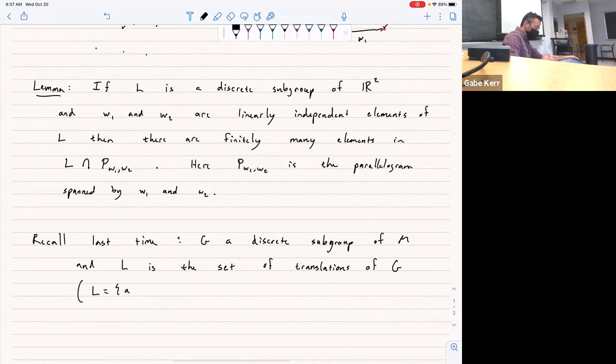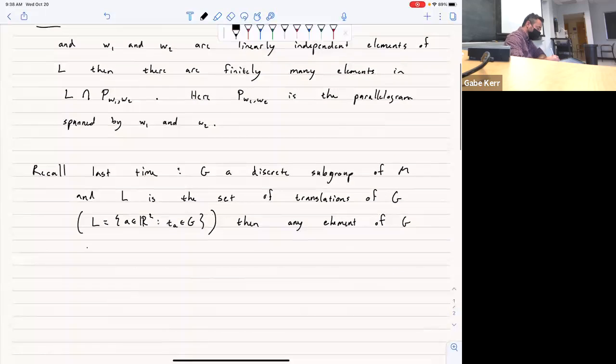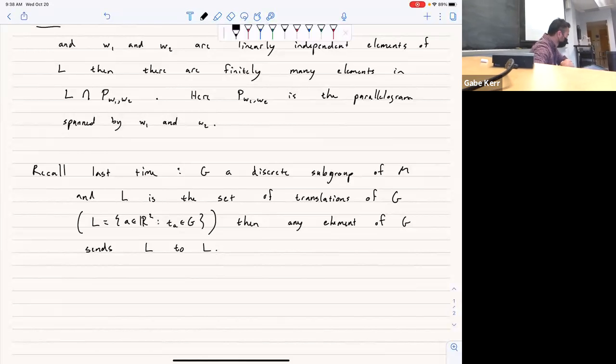So L equals the set of a in R2 such that translation by a is in G. Then any element of G preserves L. This is not how I wrote it last time, but in particular, if you look at the point group, which is the image of G under the homomorphism to the orthogonal group, that also preserves L, which is not necessarily the same thing. But I wrote it last time.